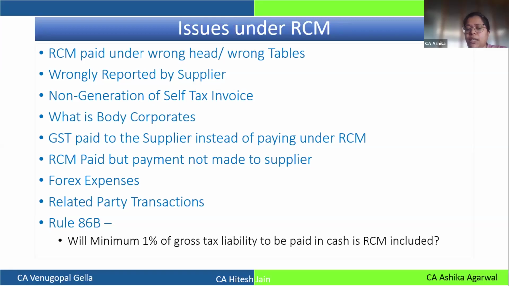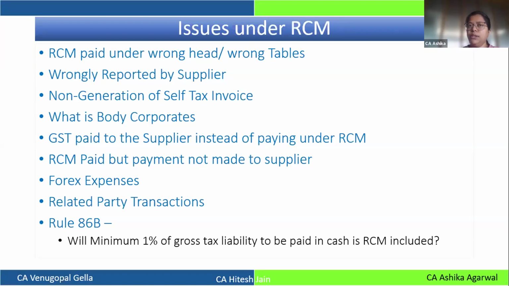Now you have to see whether that expense is going to come in the subsequent month also, or whether you can adjust with any other liability. What I mean to say, suppose in this month you paid as IGST and you were liable to pay under CGST and SGST. But in the next month, automatically another RCM IGST liability arises.